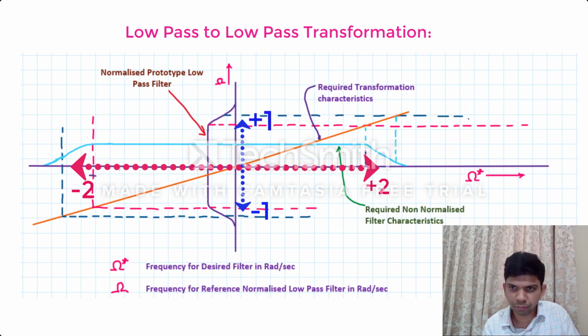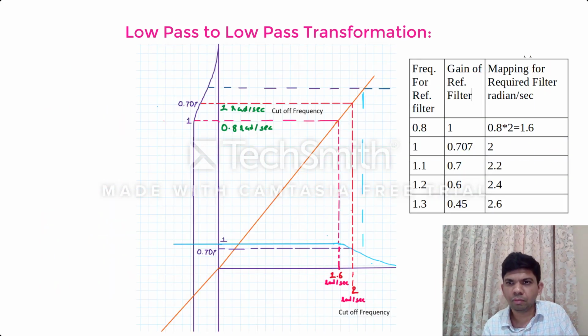To better understand, we need to assume several points on the magnitude characteristics of the reference prototype filter. And as you can see in the table, I have taken several points like 0.8 radian per second, 1 radian per second, 1.1 radian per second, 1.2 radian per second, and 1.3 radian per second.